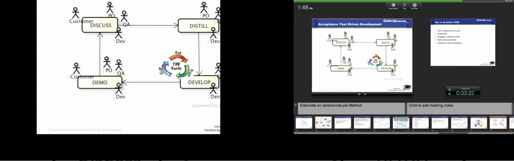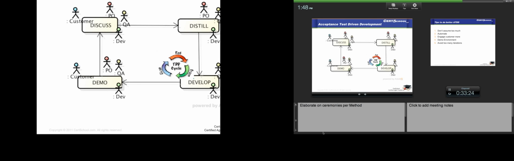Okay, I see that there's another question. During the develop cycle, is the product owner involved in any way? Yes. Okay, good question. In the develop cycle, the involvement of the product owner is minimal.